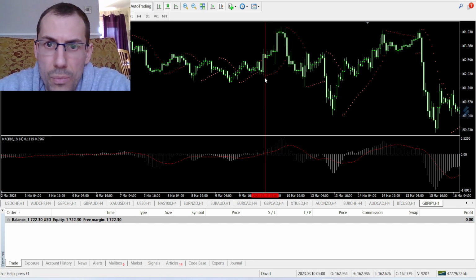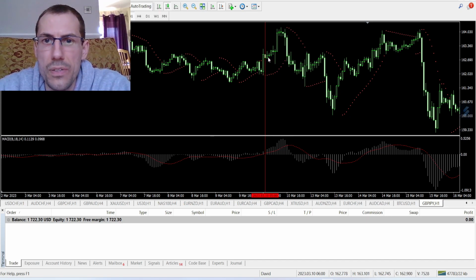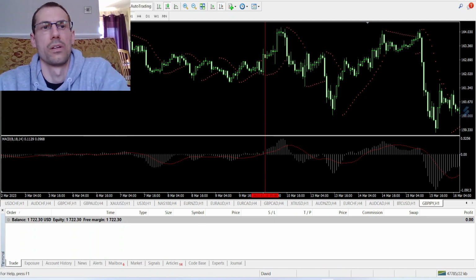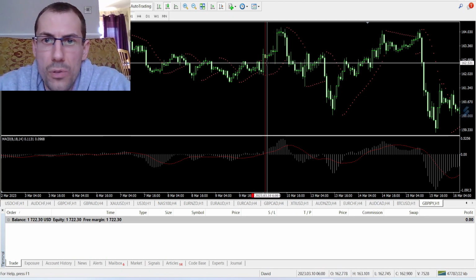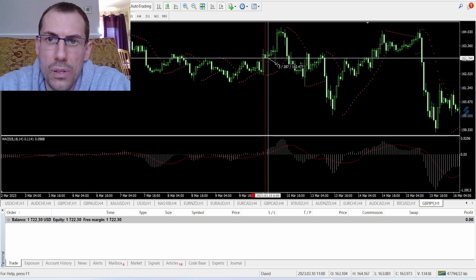So you need a second point, second bar here. Your entry will be this candle here, the third one. So this candle closed here, this one opens here, so you need 80 pips.